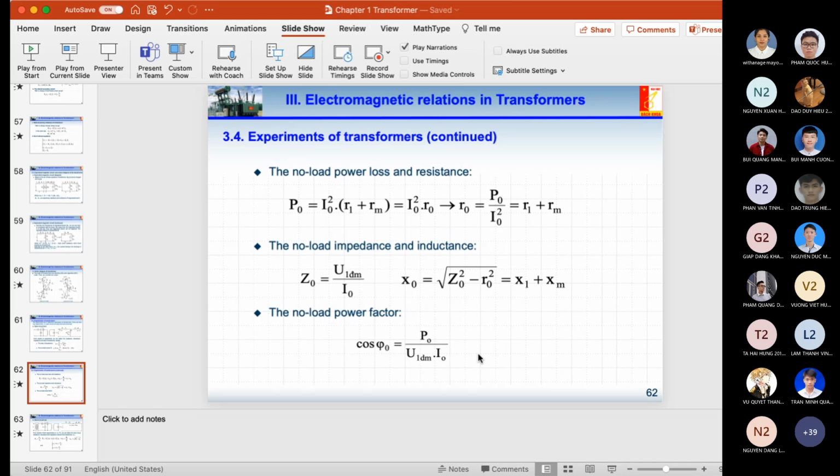When the cos phi is very low, it means the machine is always transferring reactive power without active power, and the current flowing in the winding and the transmission line of the electrical system is very high. If you look at this expression, the current is equal to P0 divided by cos phi multiplied by U1.